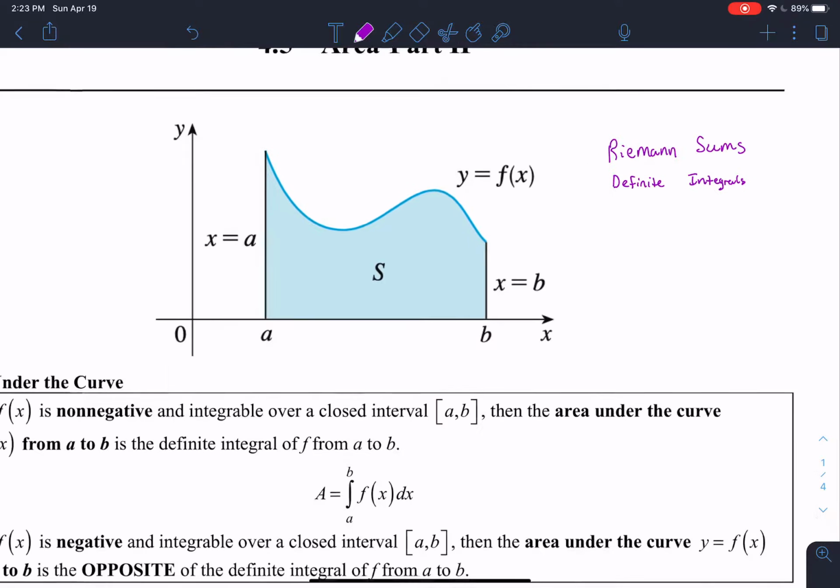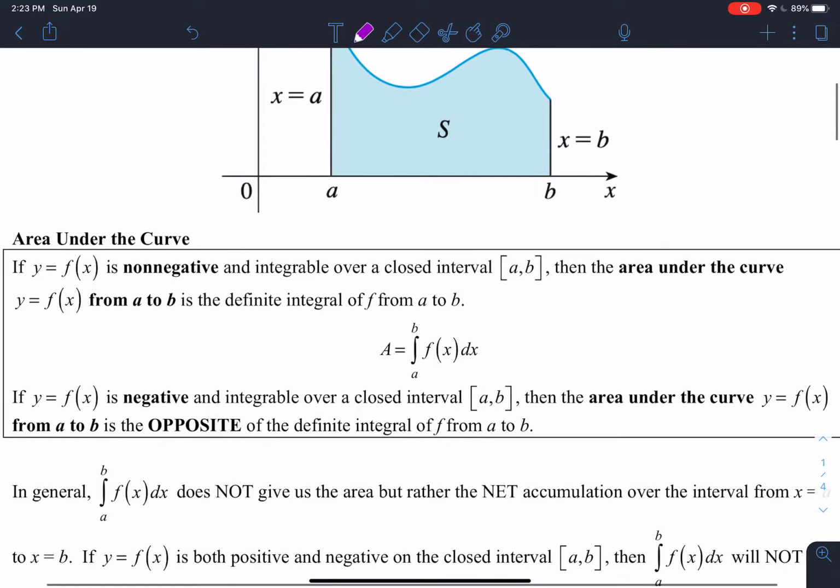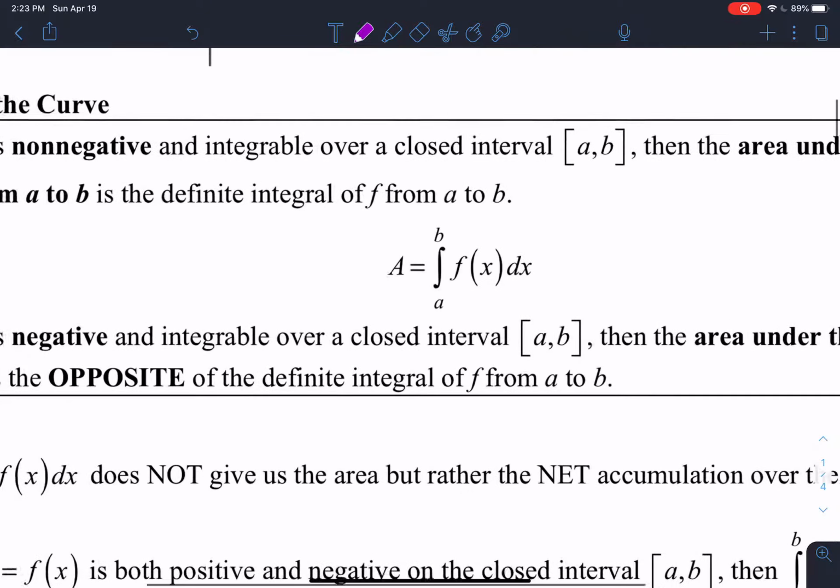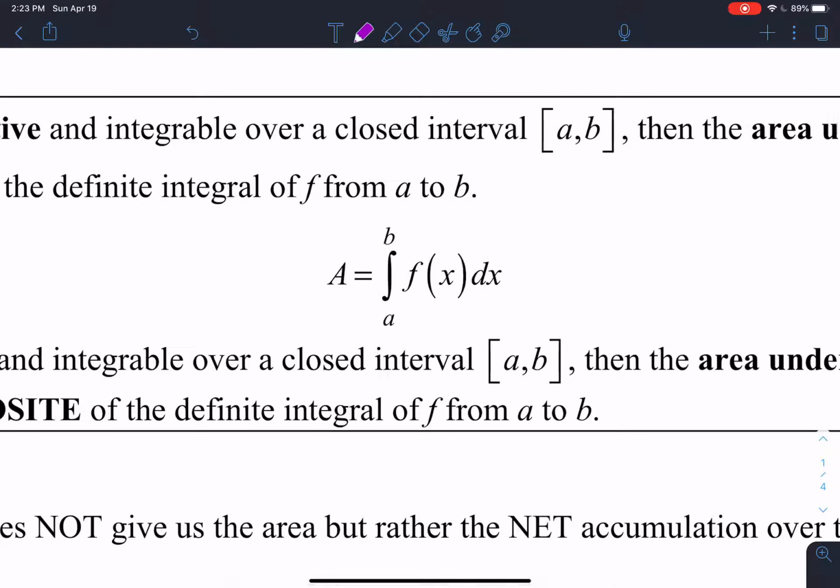So a lot of your questions are going to be figuring out the area as you start at this value. We always start at the value on the bottom, and you end at the value at the top. Typically you would read that on the graph going from left to right. So the value here at A would be more on the left, and the value at B would be more on the right.